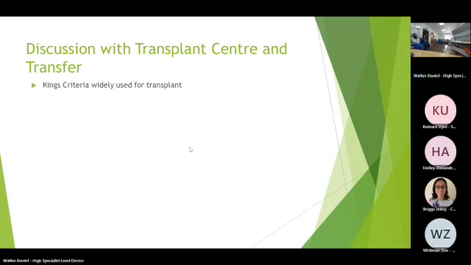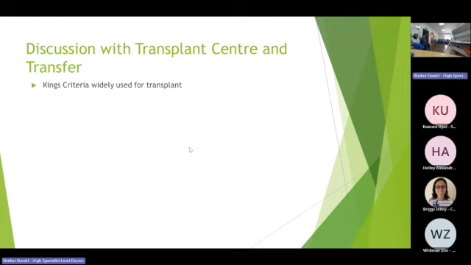Discussion with the transplant centre. So widely used is the King's criteria for transplant. But essentially, if anyone's significantly unwell with acute liver failure, they should be discussed with or advised by a transplant centre.